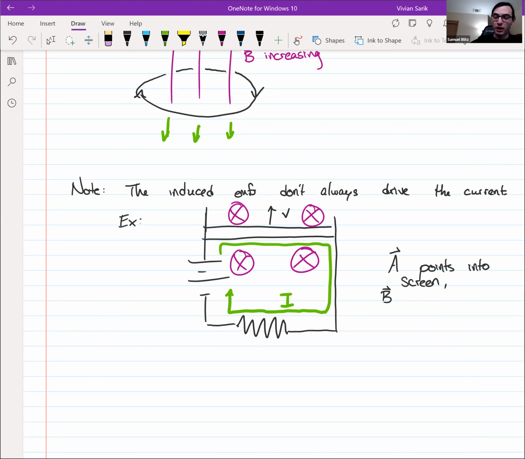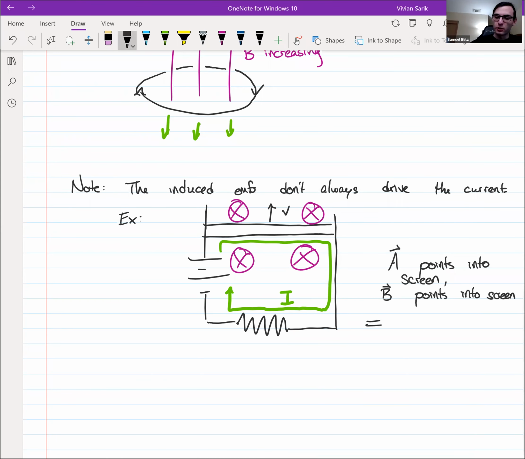And so the flux is positive, and the magnitude of the magnetic field is increasing, so the flux is increasing. So it's greater than 0. So the flux is increasing through the circuit.